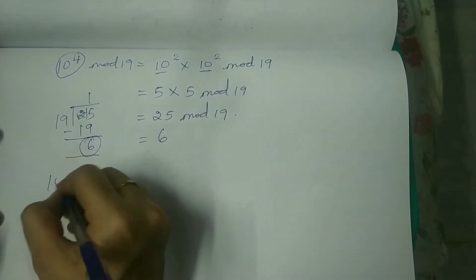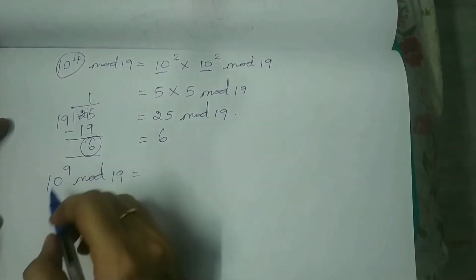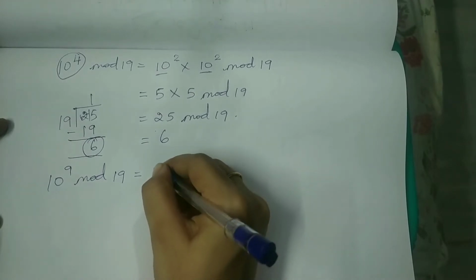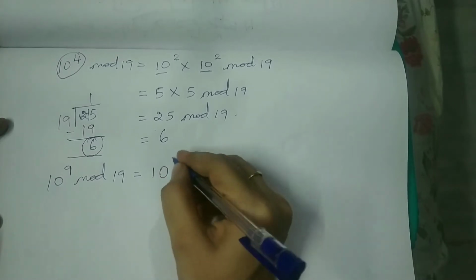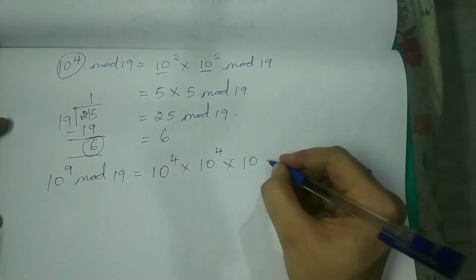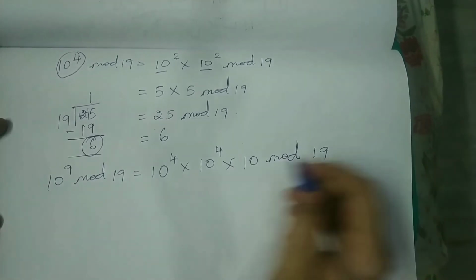Next I need to find 10 to the power 9 mod 19. I can write this as 10 to the power 4 into 10 to the power 4 into 10 mod 19.